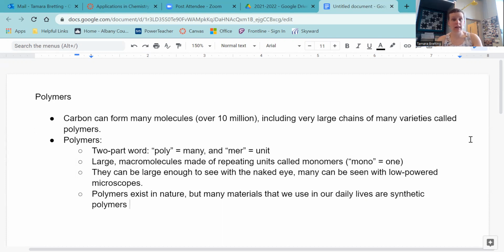And remember that word synthetic, we've talked about it before. If you don't have a good memory for those kinds of words, synthetic means man-made. So synthetic polymers are man-made. They do exist in nature. There are polymers that we did not make as humans, okay? But there are a lot of polymers that we make to use in our daily lives, and we're going to talk about those. So let's just go into those two categories. We'll start with natural polymers.